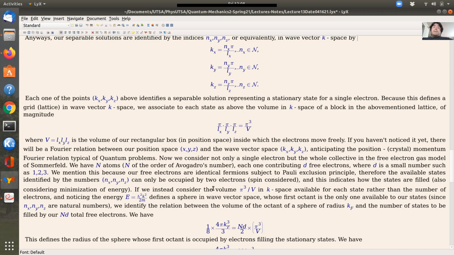In general, some features might continue, but some others might change. So we have N atoms, let's say, by assumption, where N is of the order of Avogadro's number, so that's a very large number. And each one of the atoms contributes, say, d free electrons, and d is a small number, because we're thinking about the free electrons. So it can take values, say, 1, 2, or 3.